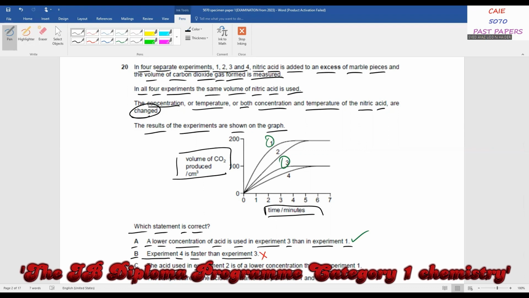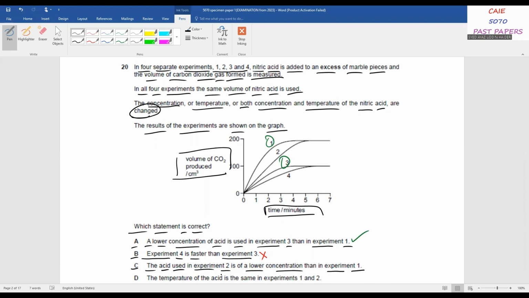So this one is also wrong because they are saying concentration or temperature both can be changed. This looks like the change in size of the particles or change in temperature because both the experiment 1 and 2 are ending with same uniform line. So this statement is also incorrect.